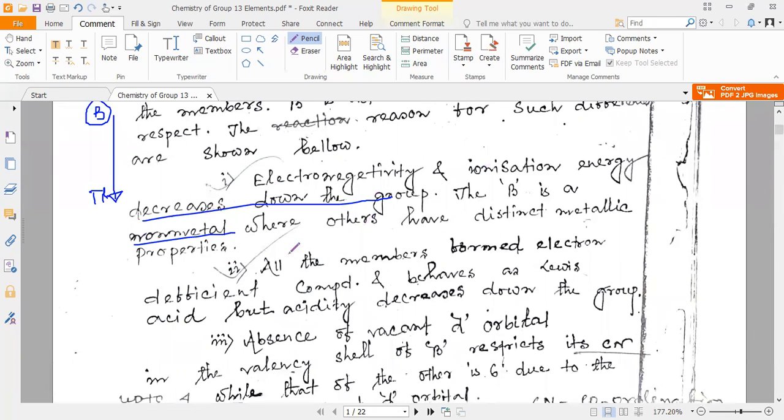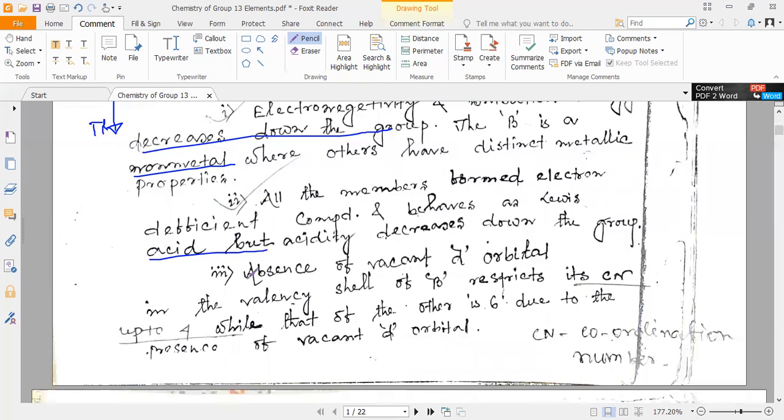Coming to the next point, all the members form electron deficient compounds and behave as Lewis acids, but the acidity decreases down the group. That is important. Due to the absence of vacant d orbitals in the valence shell of boron, its coordination number is up to 4, while that of the others is 6 due to the presence of vacant d orbitals.